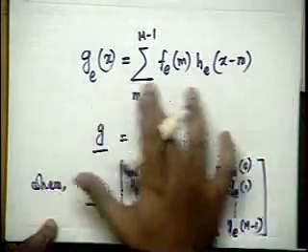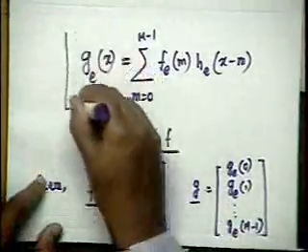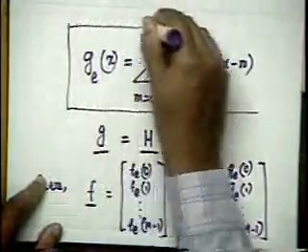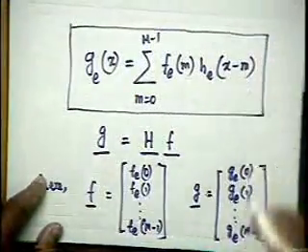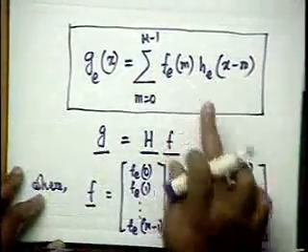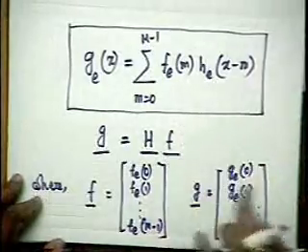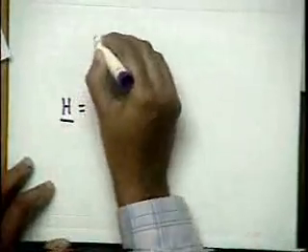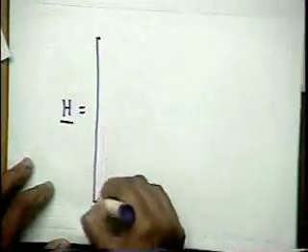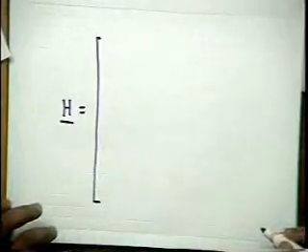Going by this equation, G_e(x) equals this, how should I write the elements of this H matrix? Just think it over. Capital H matrix can now be written in terms of the elements of h_e.